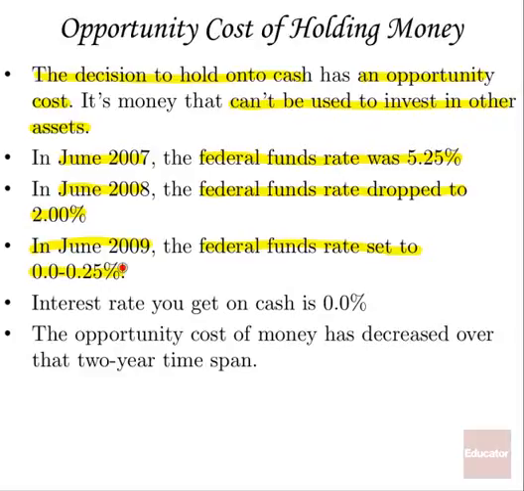Now with interest rates at 0%, the incentive to put your money in interest-bearing accounts, and maybe you're giving up some liquidity, you don't have as much of an incentive. So at these lower interest rates, you're a little bit more indifferent between holding on to cash versus interest-bearing accounts.